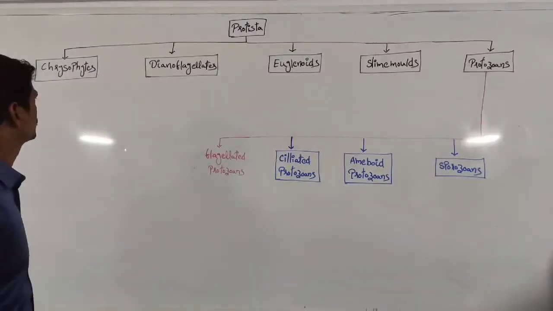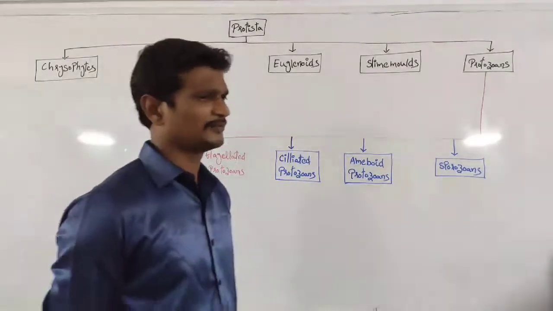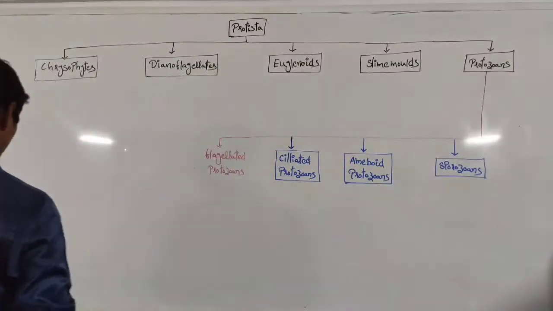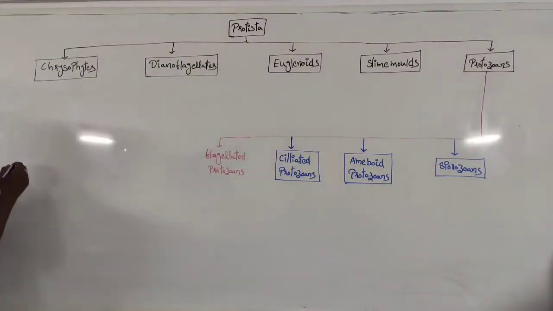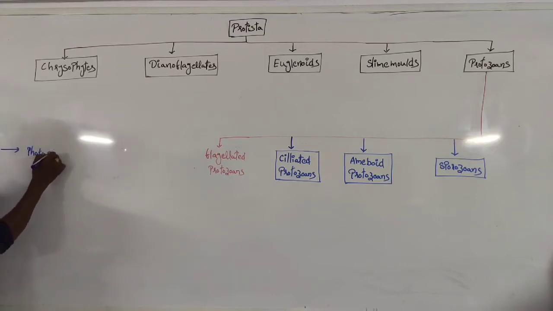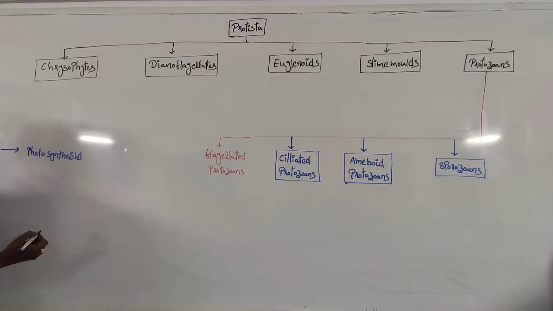Coming to this class, we discuss the Protista. The main characteristic feature of the Protista is that most of these organisms perform photosynthesis.